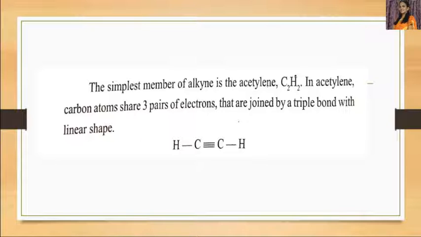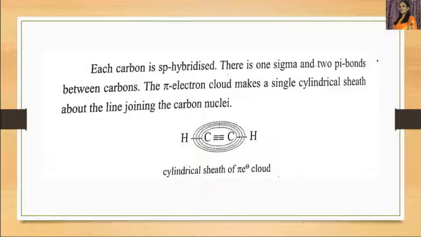This is due to sp hybridization of both the carbon atoms in the triple bond. Alkynes, or acetylenes, are linear in shape because of sp hybridization of the carbon atom, and the bond angle in the molecule is 180 degrees. Here, each carbon is sp hybridized, and there is one sigma and two pi bonds between the two carbons.